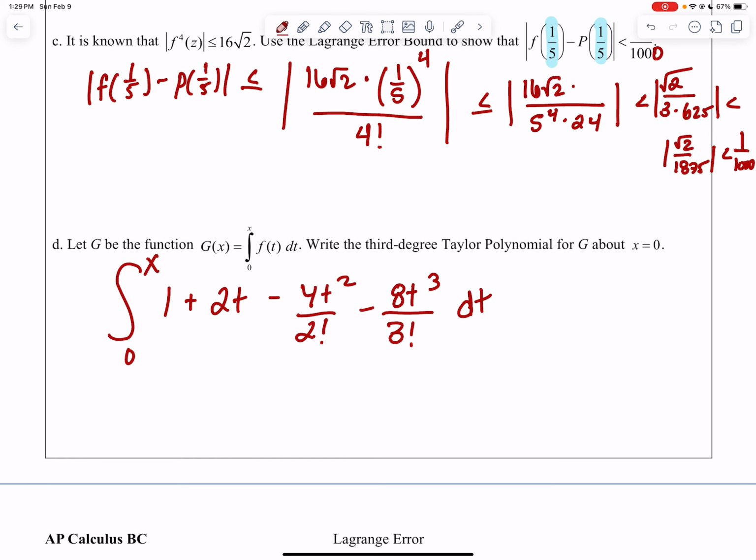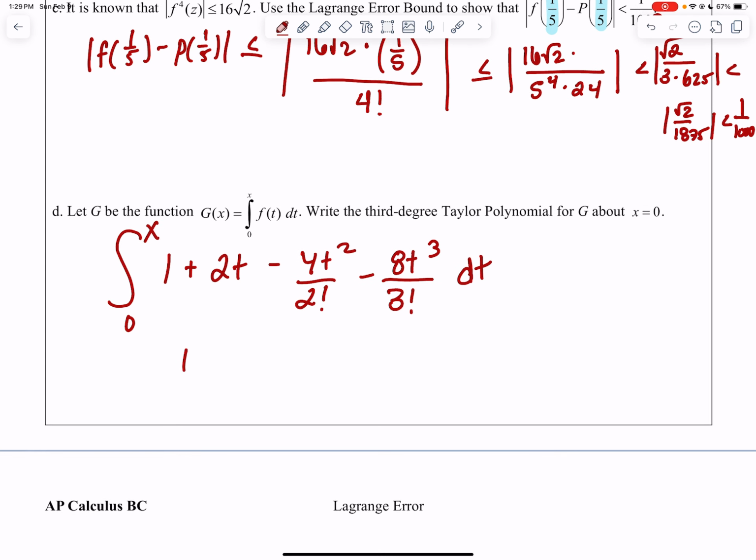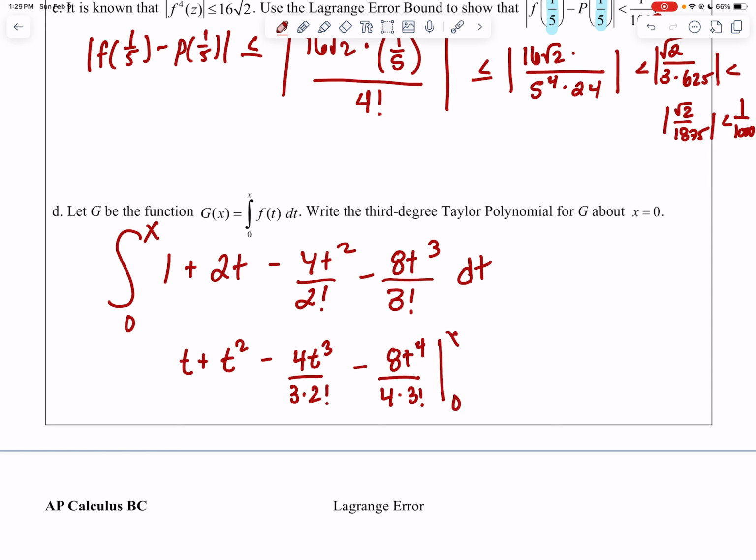So using our term by term integration, we are going to get t plus t squared minus 4t to the third over 3 times 2 factorial minus 8t to the fourth over 4 times 3 factorial plus c, but you'll realize that whenever we do that, it's going to cancel out just because we're using FTC here from 0 to x.